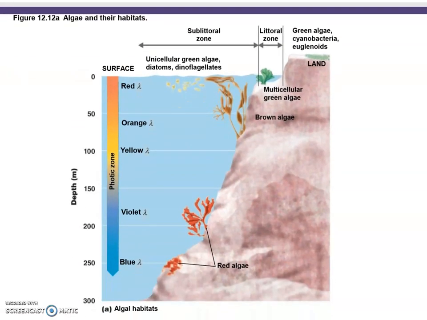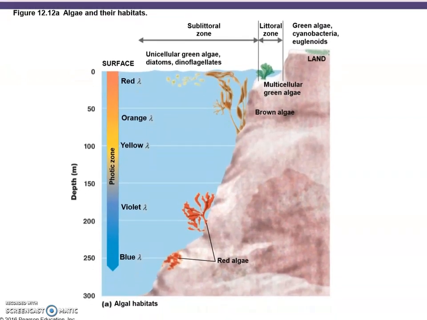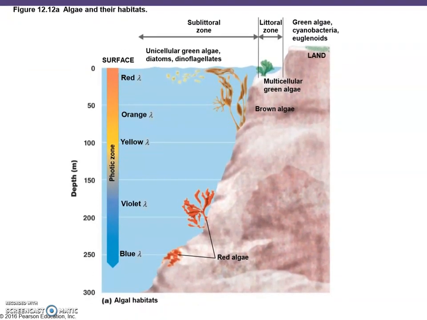So here will be different algae in their habitats, depending on the type of photopigment that they have. They will be needing different wavelengths of light, and so that allows them to grow closer to the surface or maybe deeper down, depending on how much the photons can penetrate the surface.